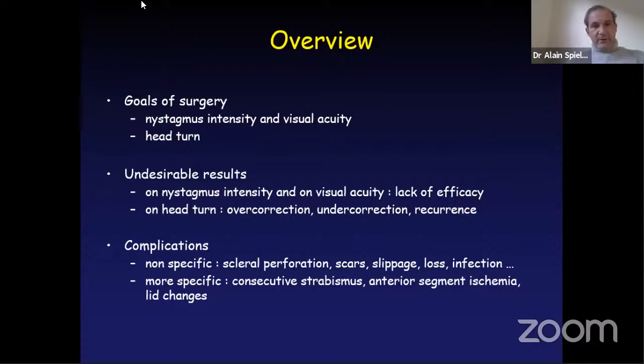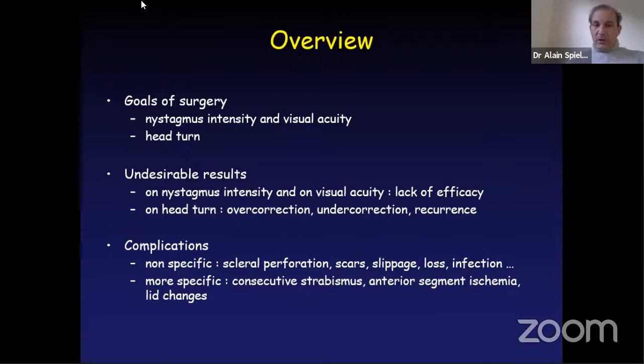Undesirable results means to have lack of efficacy regarding our surgery or undesirable changes about head turn, that is overcorrection, undercorrection, or recurrence of the head turn. But we also have to deal with complications of surgery.